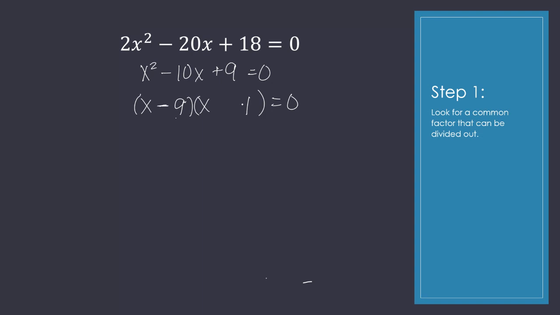I use negative 9 and negative 1. Therefore, my solutions are the opposite, which are going to be positive 9 and positive 1. So if I graphed this quadratic, I would have my x-intercepts at 1 and 9. Okay, so the first step is always to look for a common factor. I would say a fair amount of the time you have a factor that can be taken out, and then you can factor what's left, and it makes life a lot easier for you.